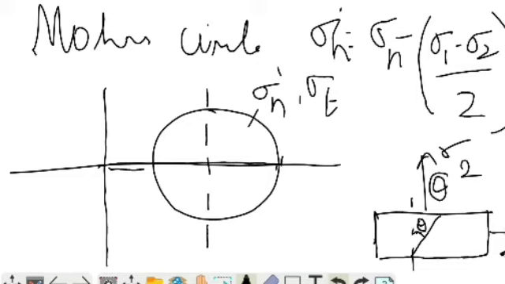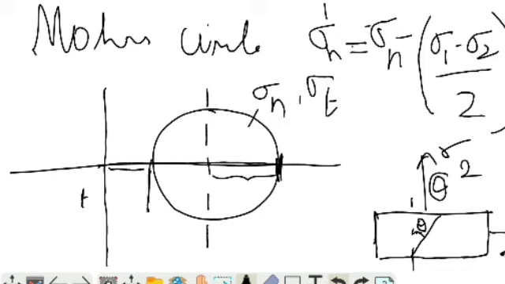There sigma n dash is sigma 1. Sigma n dash is what? This much only. That is sigma 1 minus, and this thing you will be getting sigma 2, that is at theta equal to minus 90 degree.